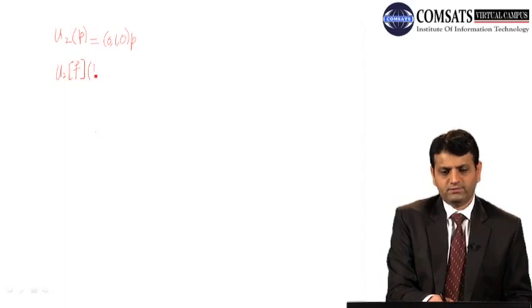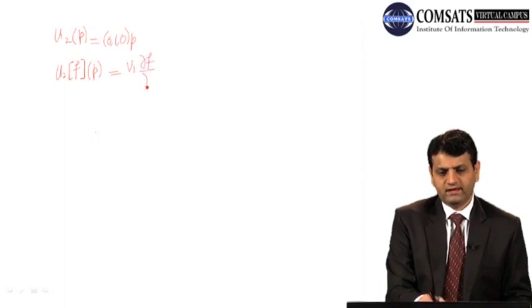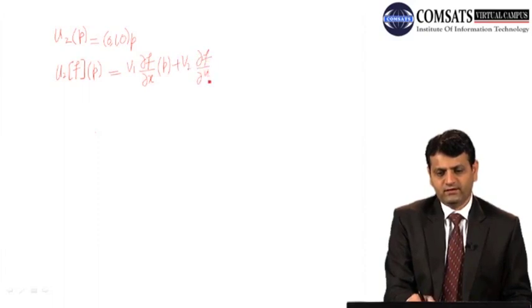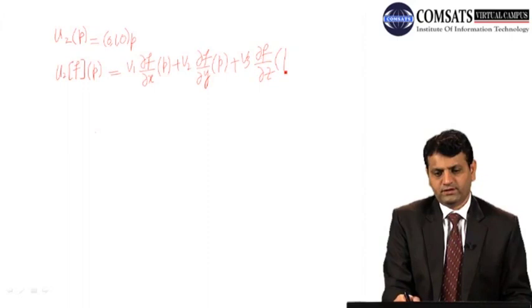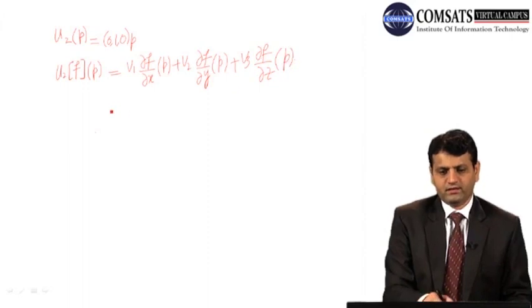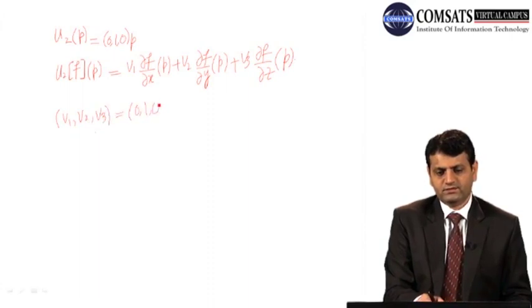So at point P, this is just equal to v1 partial f by partial x at point P plus v2 partial f by partial y at point P plus v3 partial f by partial z at point P. But we also know that v1, v2 and v3 in this case are just 0, 1, 0 respectively.